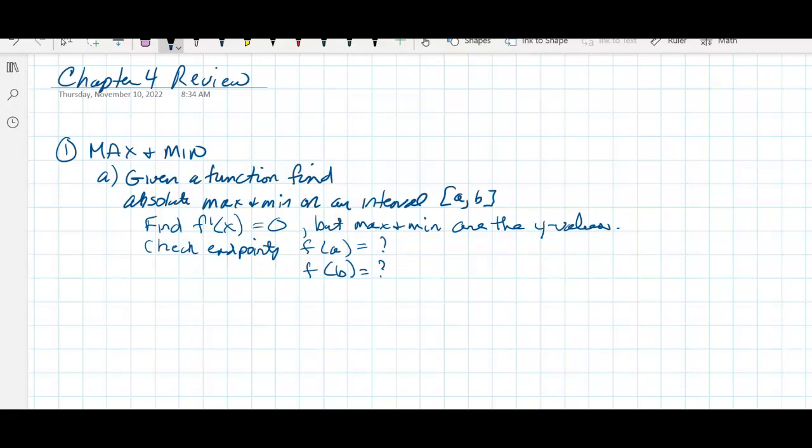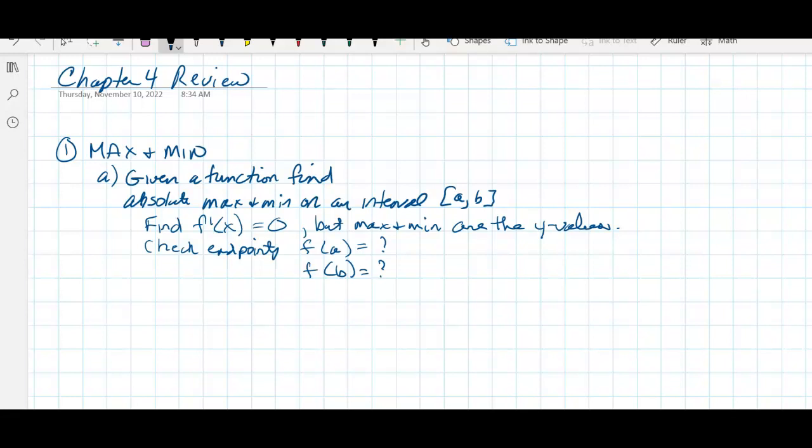All right? So do make sure if I give you a basic function, you can find the derivative, set it equal to 0, use your endpoints, find all your max and mins. Okay? So that was one of the things, just working with max and mins alone.